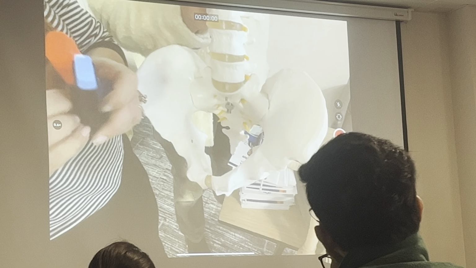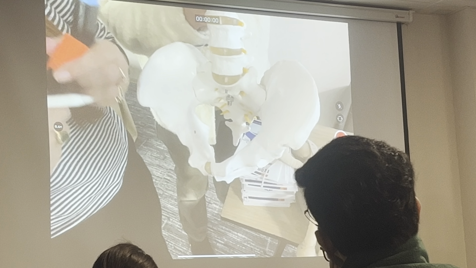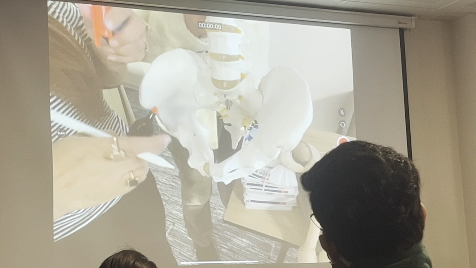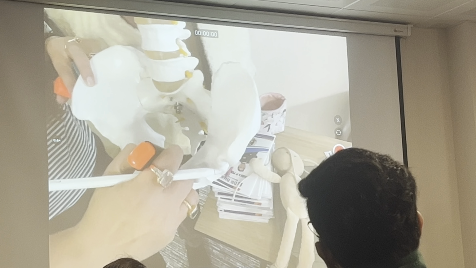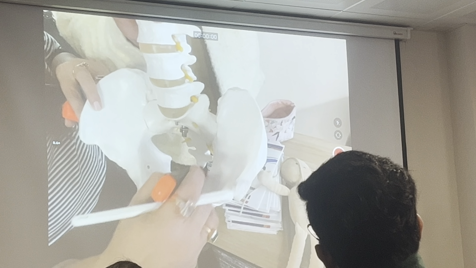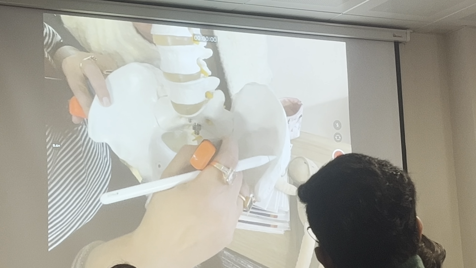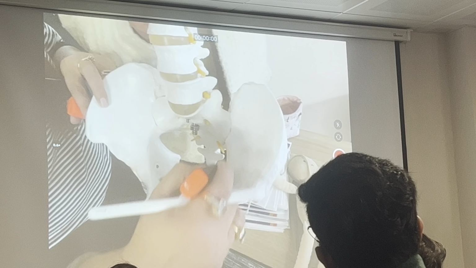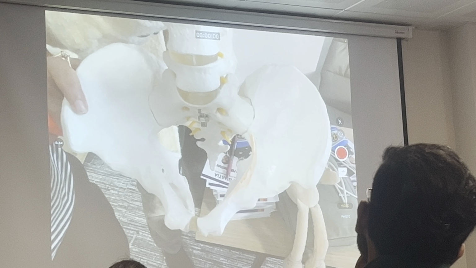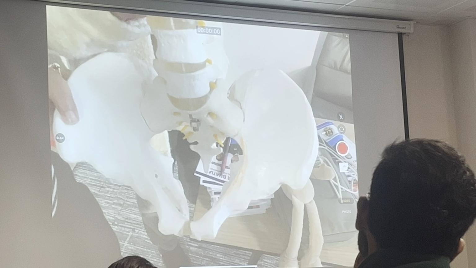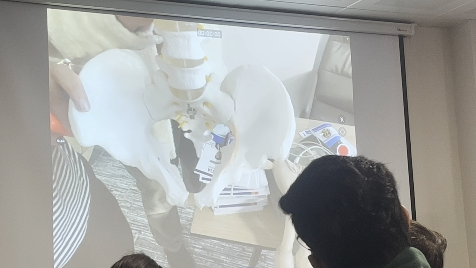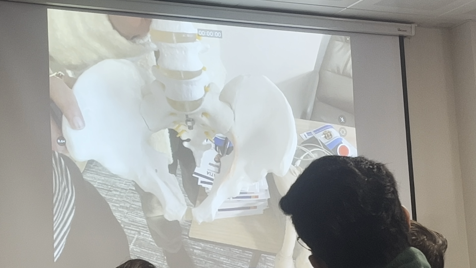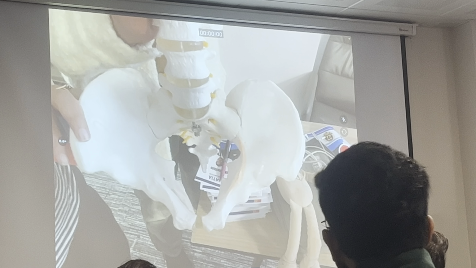Now this entire curve over here, I can mark. This entire curve here, this line, right? The orange is the line which I have drawn. This is the iliopectineal line, and this iliopectineal line in a normal pelvis is going to have iliopectineal eminence, right?